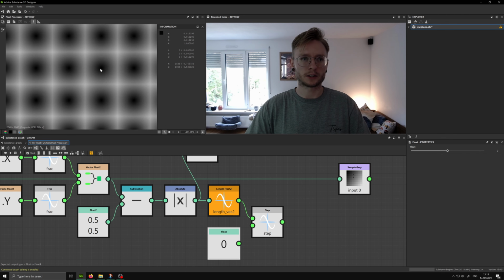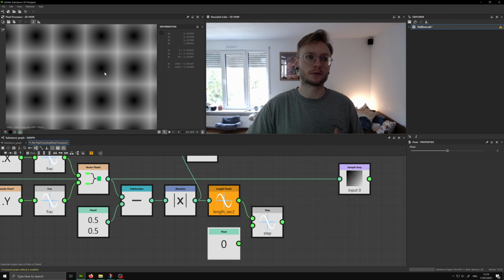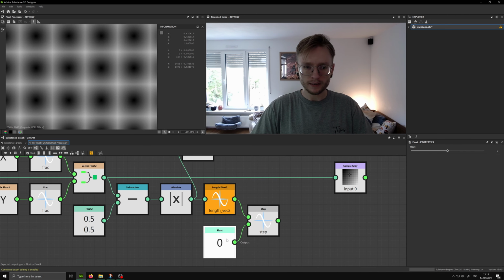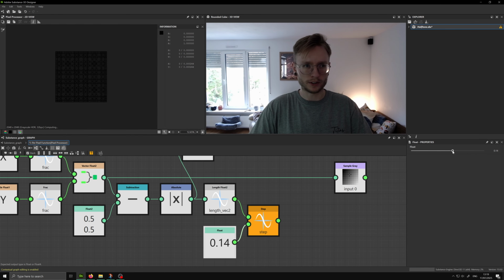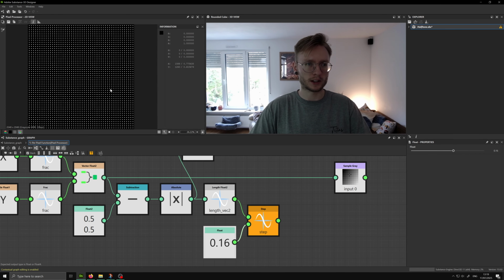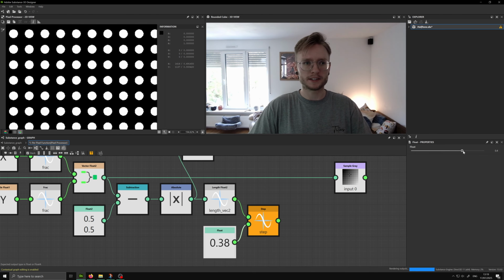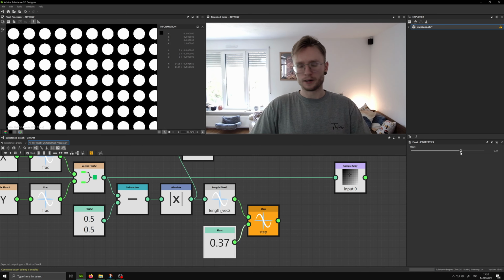And since we have a gradient ranging from 0 to, what is this, like 0.75, we could arrange these values again, so we're actually going from 0 to 1. But in here, we actually just want to mask this for now. And you can see if I'm slowly increasing this, we're starting to see binary dots. So this stepping function basically helps us to shape the size of these, which is cool.